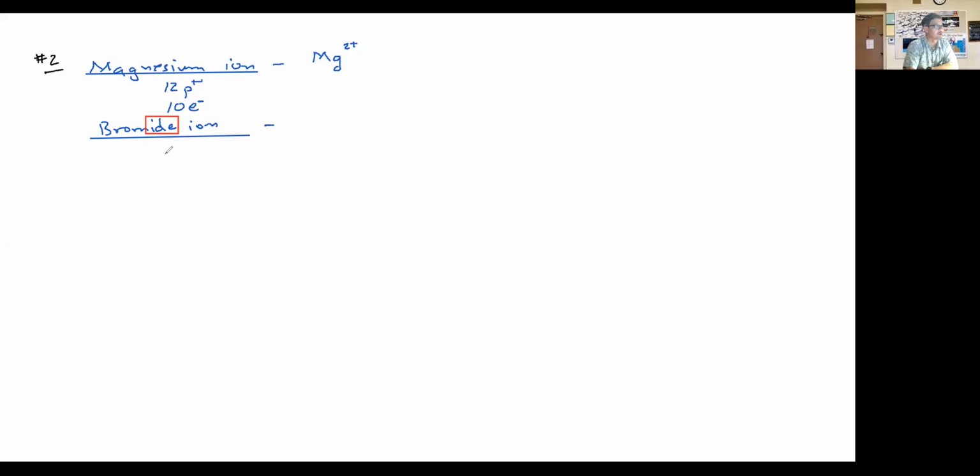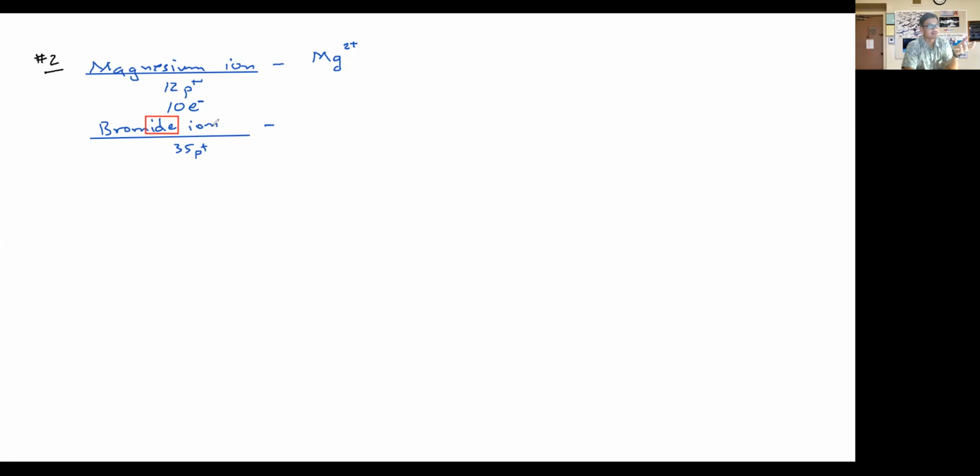So this is going to be from the bromine atom, which means we start out with 35 protons. Now, for the bromide ion, remember, bromine is a 7A non-metal. As a non-metal, in order for it to become stable and adhere to the octet rule and thus obtain a noble gas configuration, it's going to gain electrons.